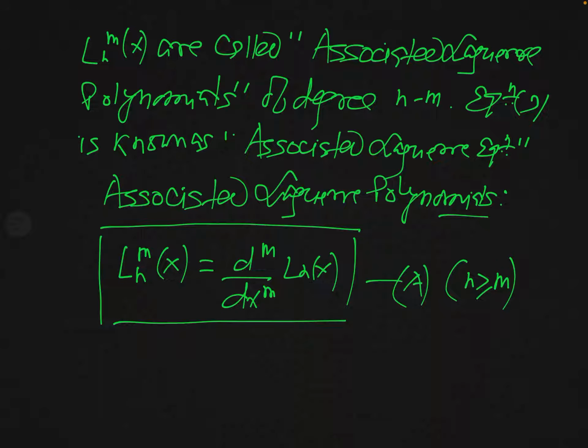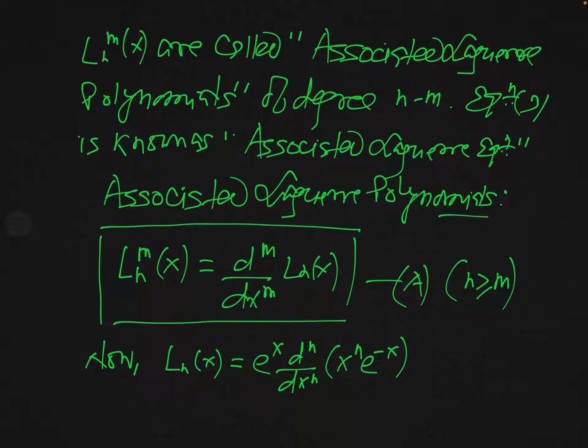Now, you have already studied the Rodrigues formula for ln of x. So, using the Rodrigues formula for ln of x, we can find the Rodrigues formula for L_n^m(x), that is associated Laguerre polynomials. Now, we know ln of x is defined as e^x d^n/dx^n (x^n e^(−x)).